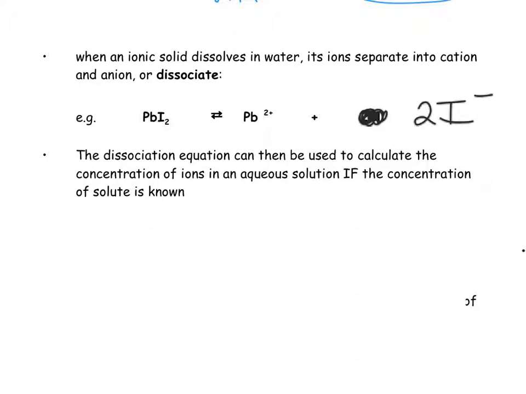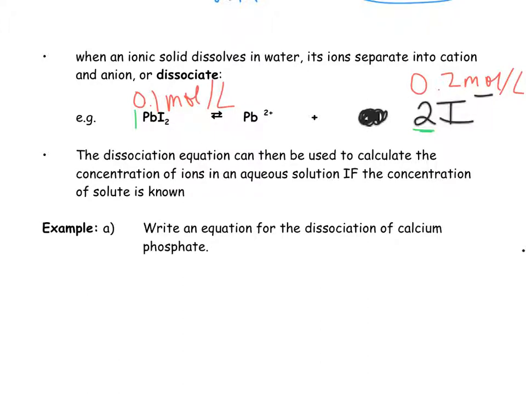So let's say, for instance, if I know that I have 0.1 moles per liter of lead iodide, my 1:2 ratio of lead iodide to iodide ion tells me that I should expect to have double that amount, 0.2 moles per liter of my iodide ion present in solution. So that can be useful.